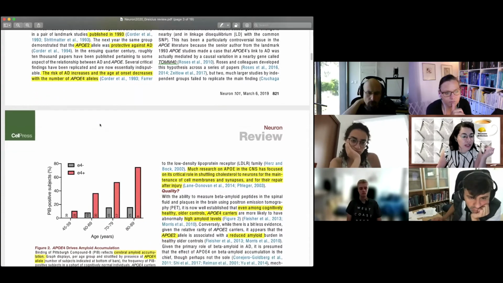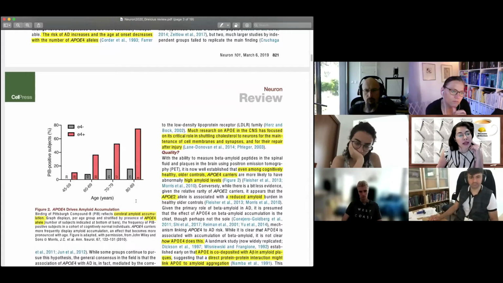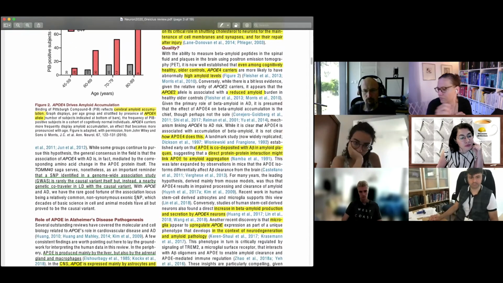For example, here you can see how it seems that the presence of the E4 allele is correlated with the accumulation of amyloid, another biomarker in neurodegeneration, and in particular it is increasing with the age of the participants.